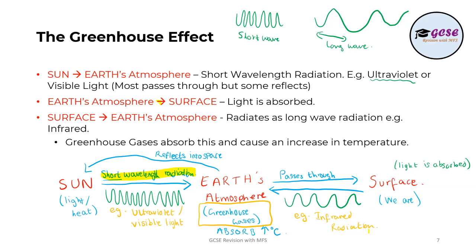At the surface of the Earth, the light is absorbed, and then the surface emits long wave radiation back out towards space, an example of which is infrared radiation. However, we have the greenhouse gases in the atmosphere, and they absorb the radiation.